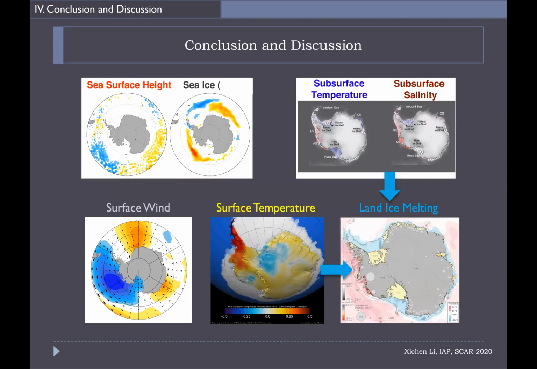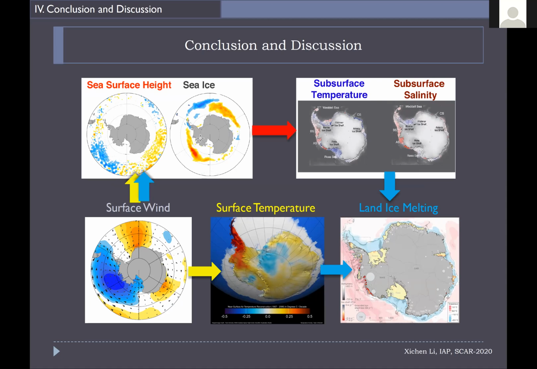So that's a brief summary. We have many climate changes, like the surface temperature change and the subsurface ocean temperature change, which may both contribute to land ice melting. That's previous work. Previous work also shows that the circulation change may contribute to the surface temperature and the ocean circulation and sea ice changes.